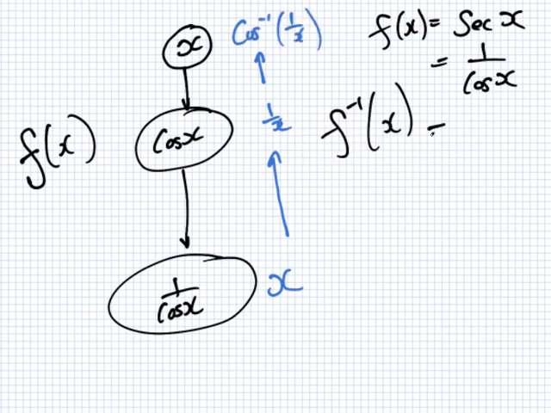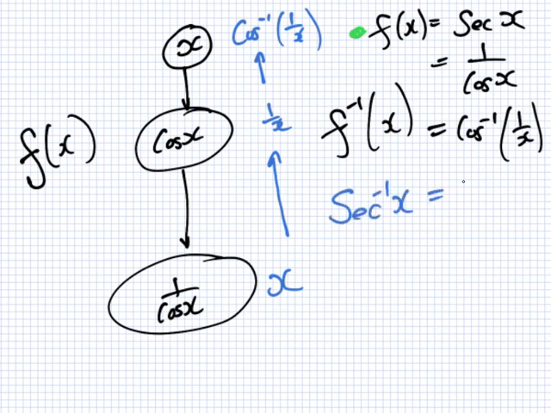So the inverse is cos inverse 1 over x. Because f is sec x, it means sec inverse x is cos inverse 1 over x. That's the other way to get the inverse. We have 2 ways.